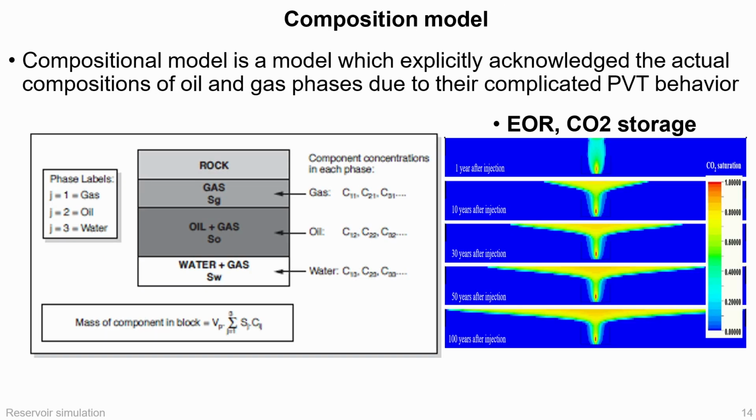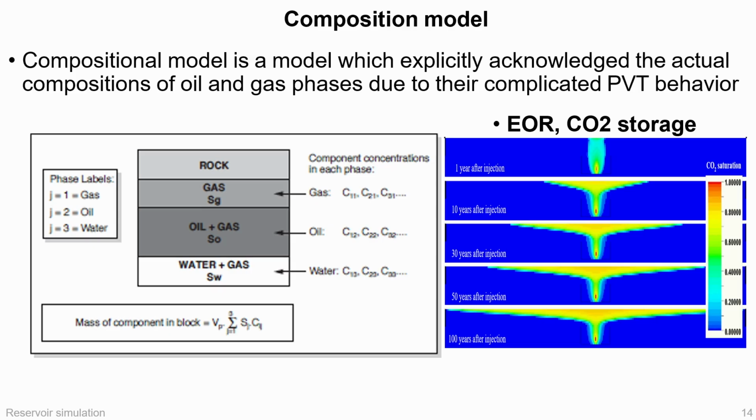In contrast, the compositional model explicitly tracks the chemical composition of the phases. This is necessary when pressure volume temperature behavior is complex, when phase changes are important, or when injected gases such as CO2 significantly affect fluid behavior.